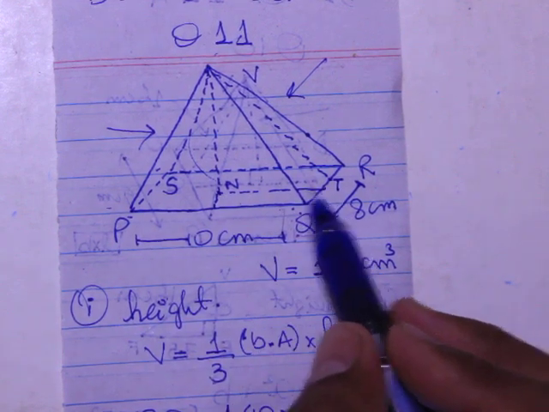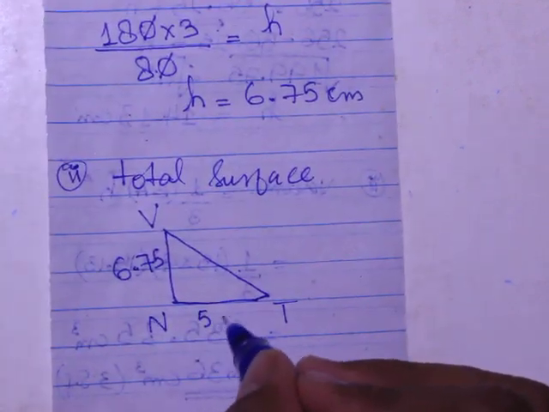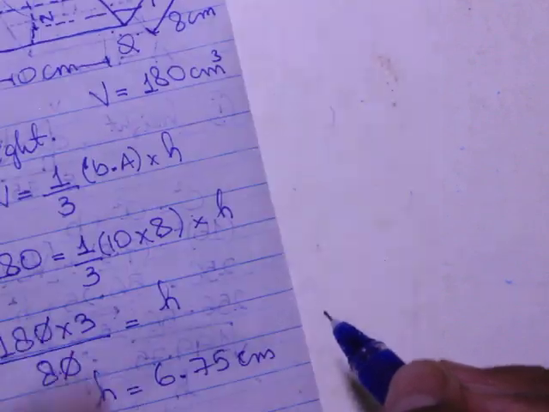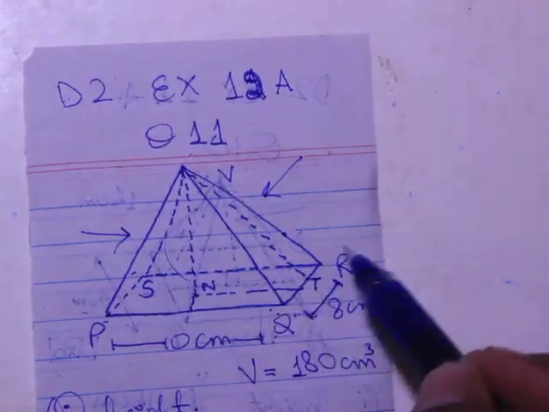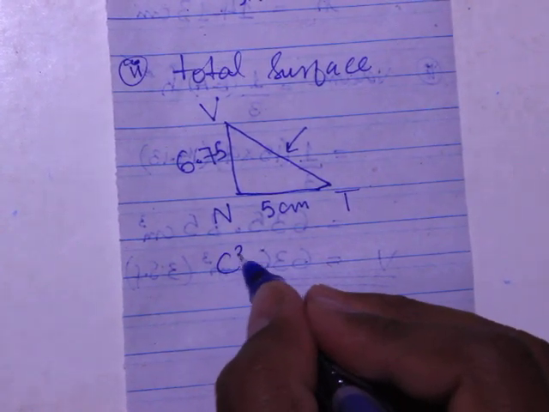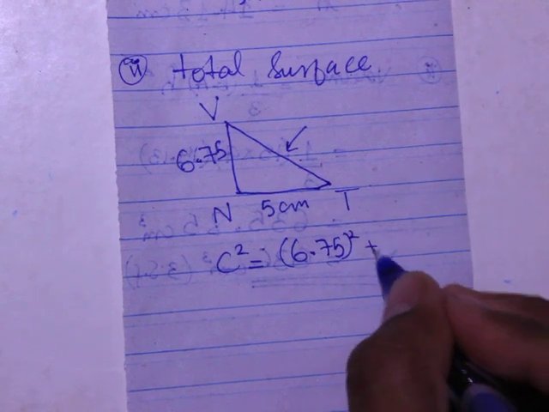So N to T gives you half of 10, exactly 5 centimeter, and I must know the slant height of this so I can find the surface area of this VQR. So we will use the Pythagoras theorem. C square is equal to 6.75 square plus 5 square.